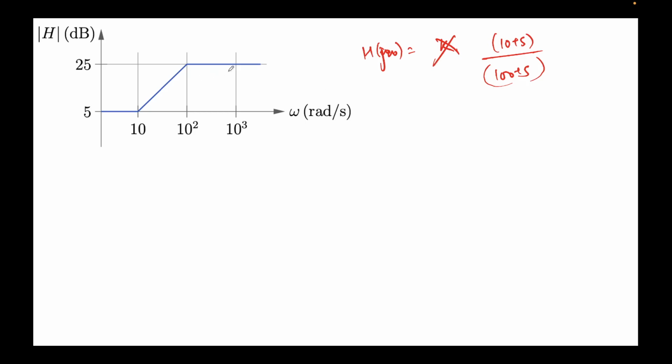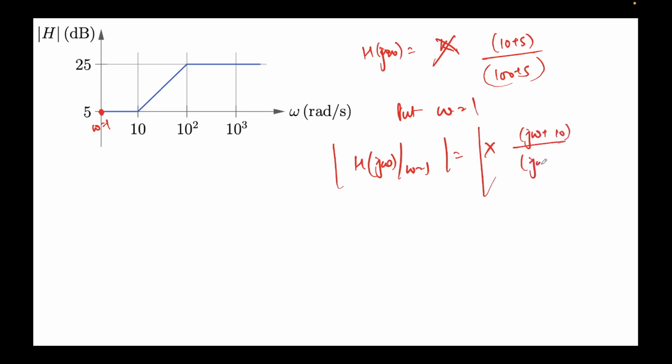So what I'll do is I'll put omega equal to 1. So I'll get the magnitude of H(j omega) at omega equal to 1 as x times (j omega plus 10) over (j omega plus 100), and I put omega equal to 1.